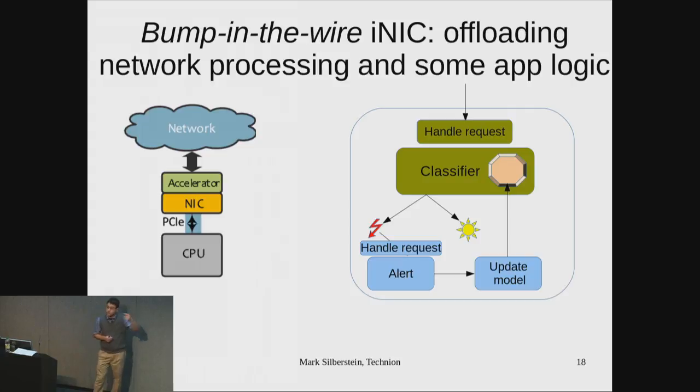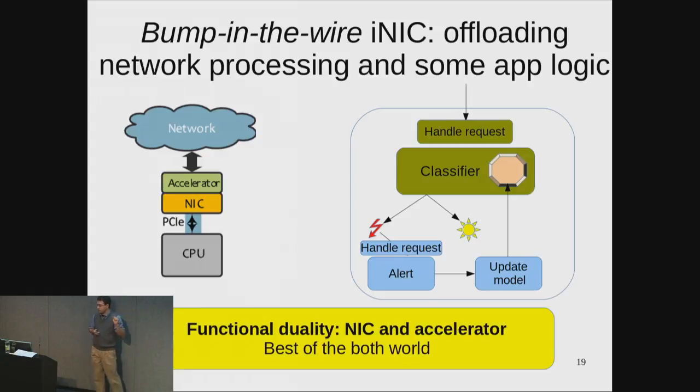So if you want to do something rare, like model updates, you can do it even quite frequently, and CPU can trigger that without wasting too much time on communicating with this accelerator. Okay, so this is just a template for one type of workload that it seems to me would make sense in case of this converged architecture.